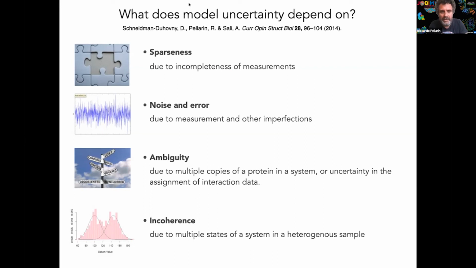This is something we try to avoid, and that's why we developed, for instance, a cryo-EM likelihood whose weight is proportional to the resolution practically. The more resolved the cryo-EM, the higher the weight.